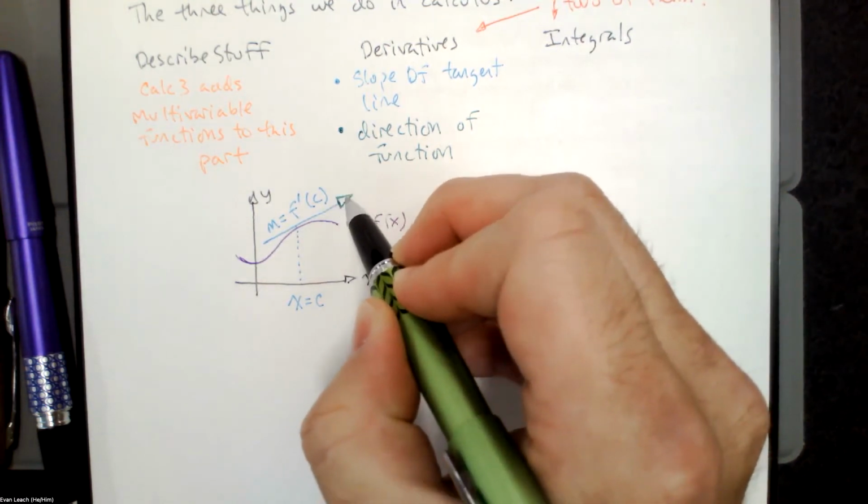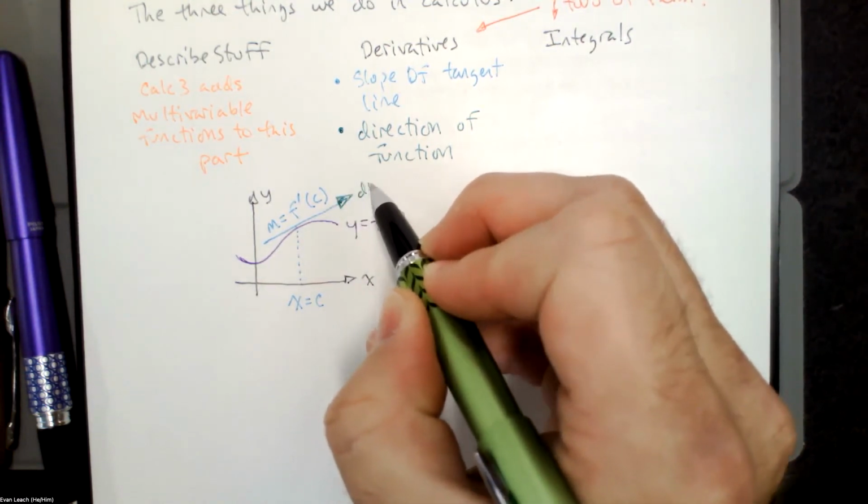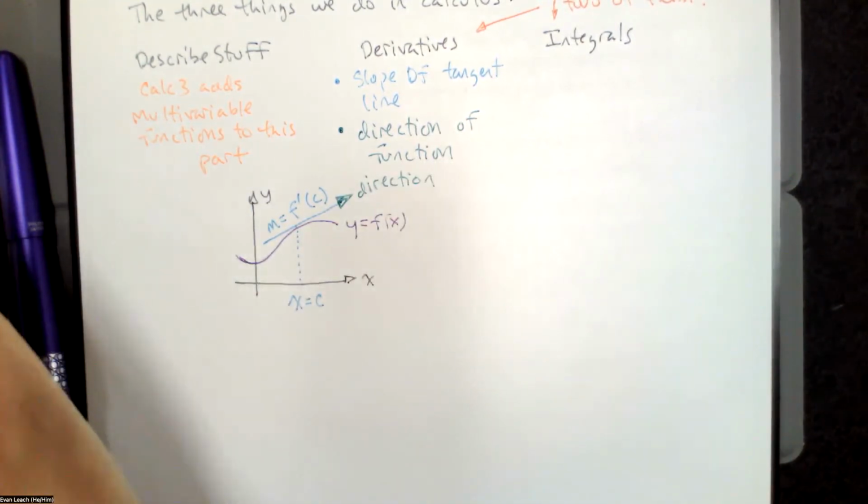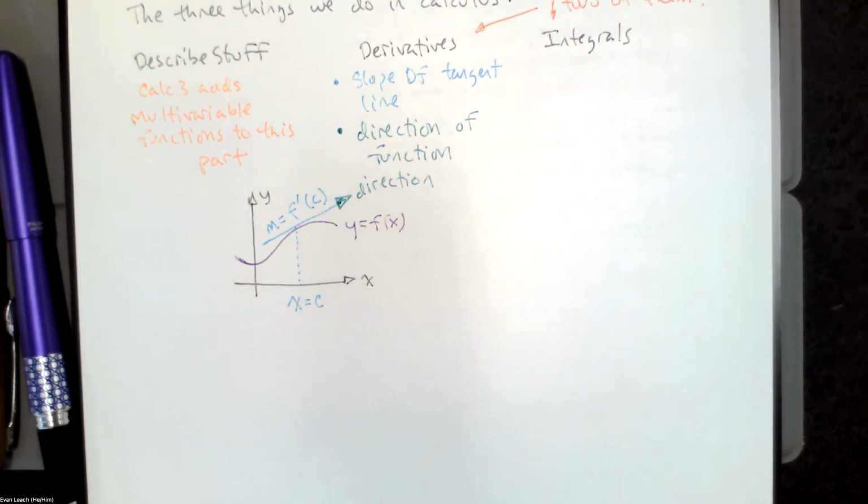So that's what I mean by the direction. If we want direction information, we're going to want derivative information. If we want linear approximations to a function, we're going to want derivative information.